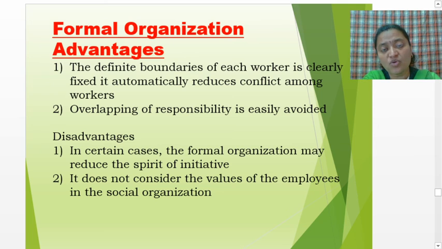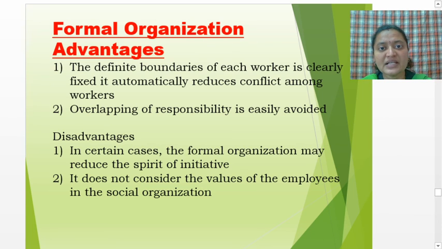Initiative means workers coming forward and taking responsibility, but in certain cases in a formal organization it is reduced. And it does not consider the values of the employees in the social organization, meaning in society. So this is all about the formal organization.